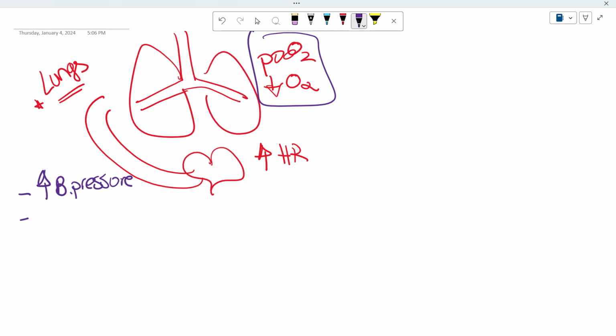And this is going to specifically increase the pressure inside the lungs. An increase in the pressure inside the lungs is called pulmonary hypertension. Pulmonary means lungs. Hypertension means an increase in blood pressure.